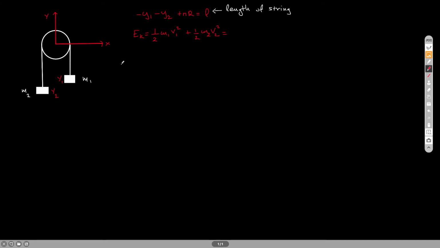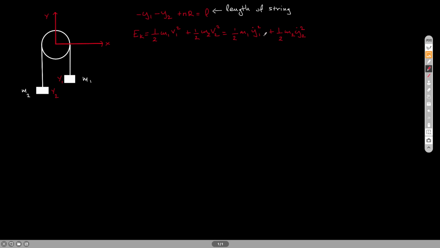Because they are only moving up and down, really this is the y component of the velocity. So it will be 1/2 m1 y1 dot squared plus 1/2 m2 y2 dot squared.